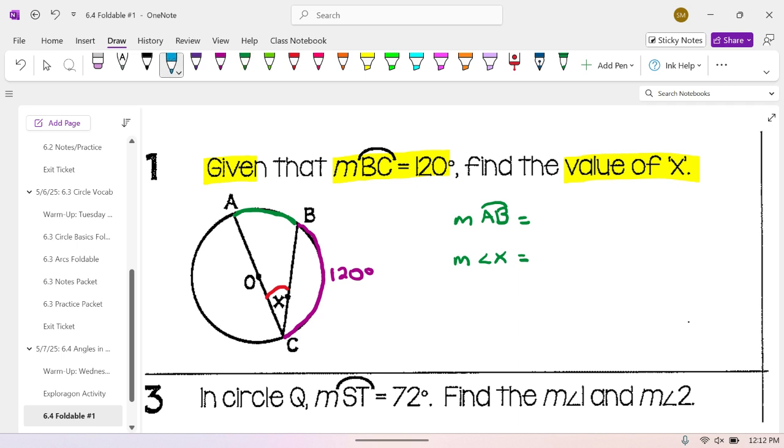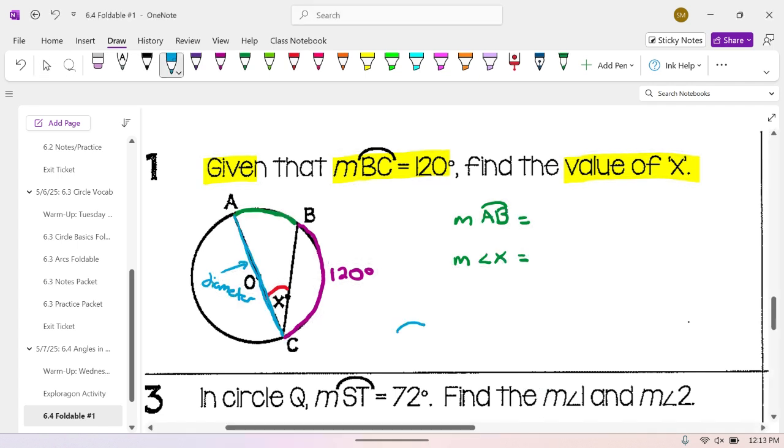This segment right here goes from end to end of the circle and also goes through the center, which makes it a what? Diameter. So if this is a diameter, that means it's doing what to the circle? Cutting it in half. And if you look, AB and BC should add up to 180.